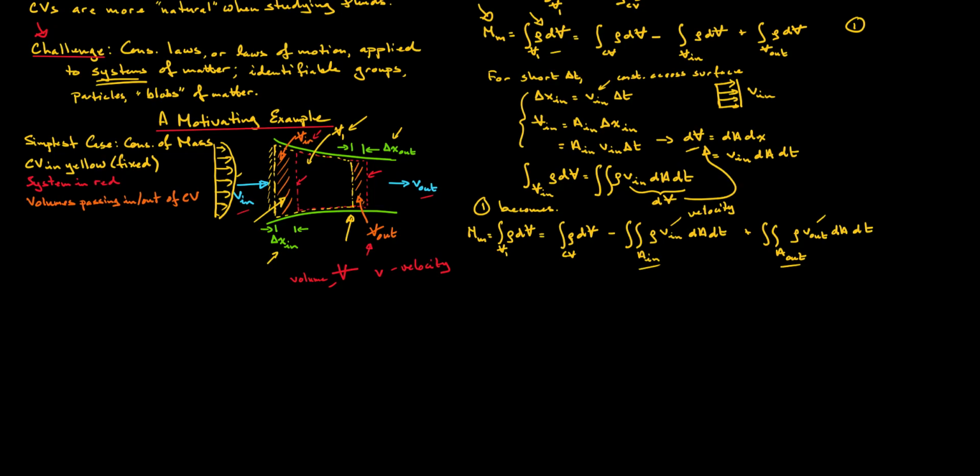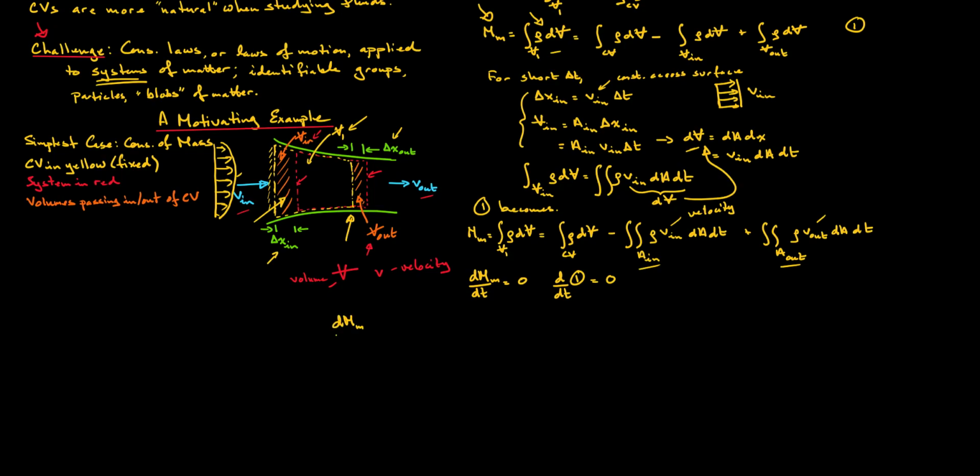So again, conservation of mass would tell us that the time rate of change of the mass of the system is equal to 0. So we can take the time rate of change of equation 1 and set that equal to 0. And this is precisely what we're going to do.